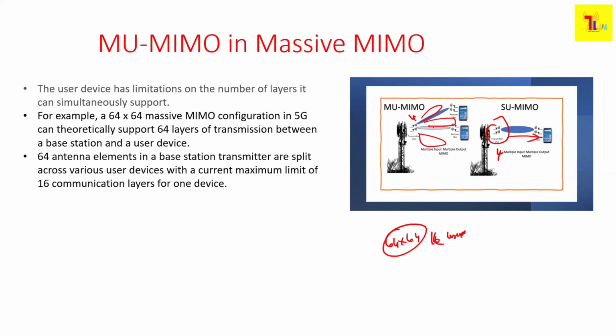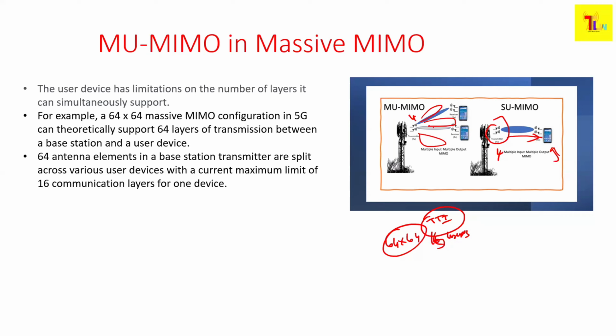For a single TTI, you can accommodate almost 16 users, whereas in single-user MIMO you are accommodating only one user. So that is the benefit: you can send data to multiple users in a single scheduling interval. That is the benefit of having multi-user MIMO.